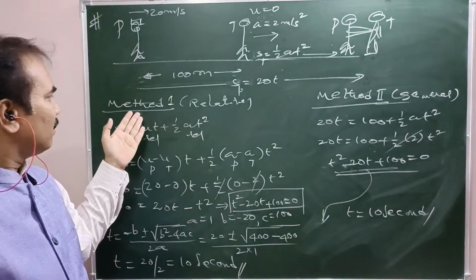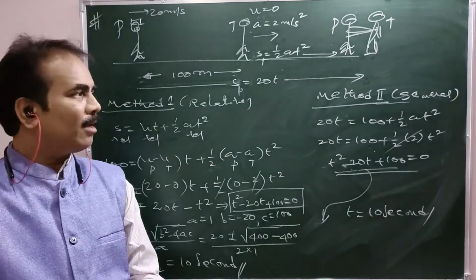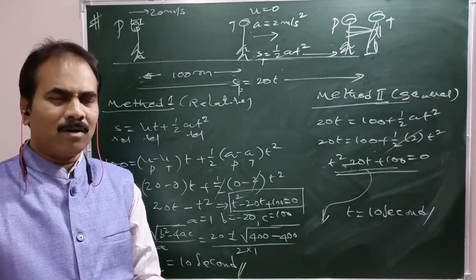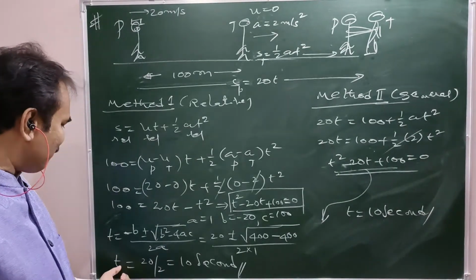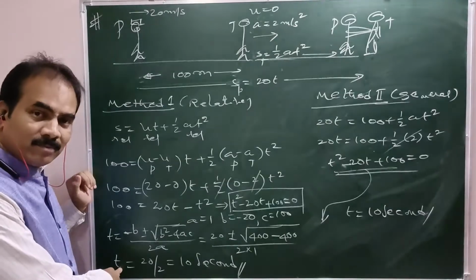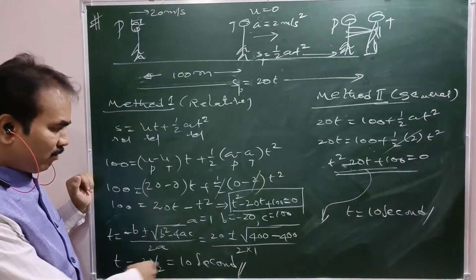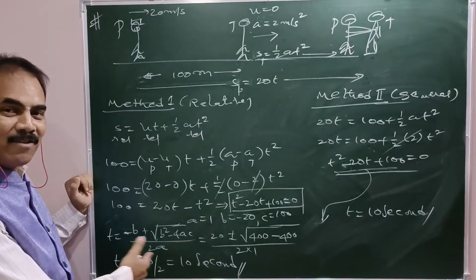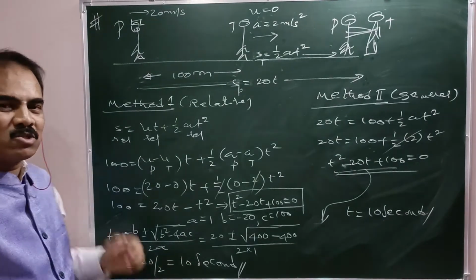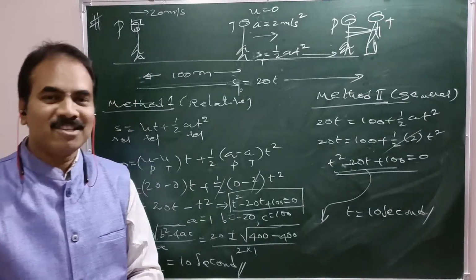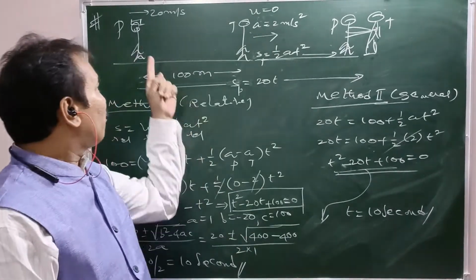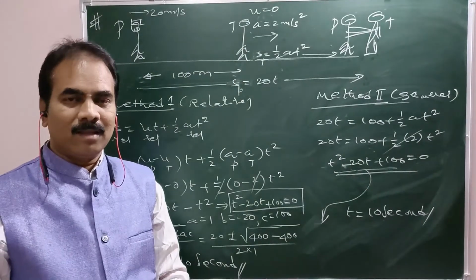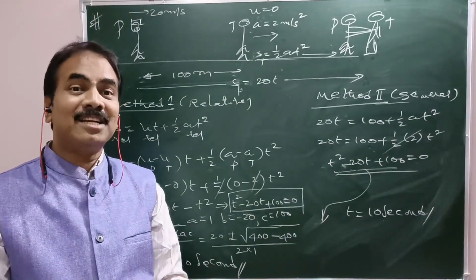This is the relative concept method. But here are some points worth noting. Sometimes time gives two roots. Here we have only one root, but in some cases we get two roots, that is T1 equals so and so, T2 equals so and so. In that case, the inference is that the policeman will catch the thief twice, first at T1 and next at T2.